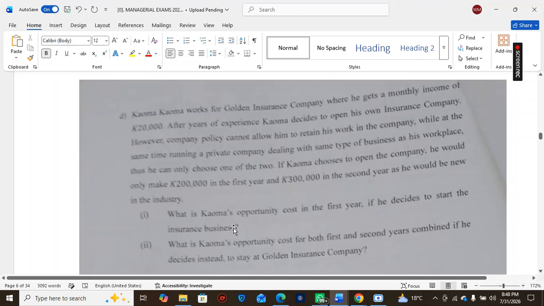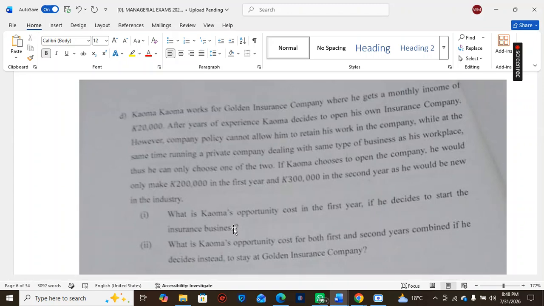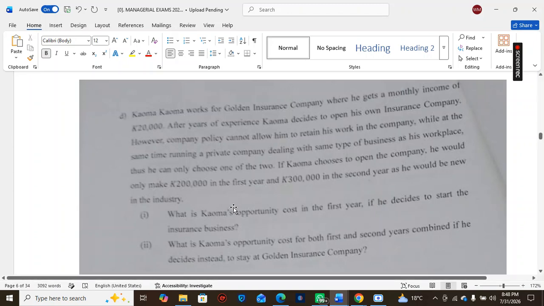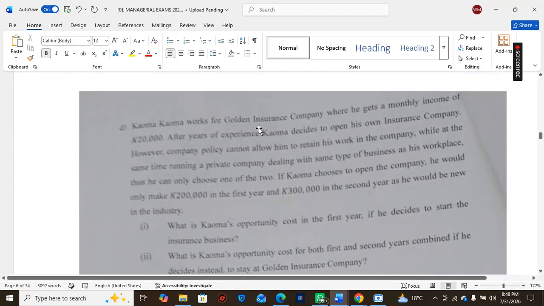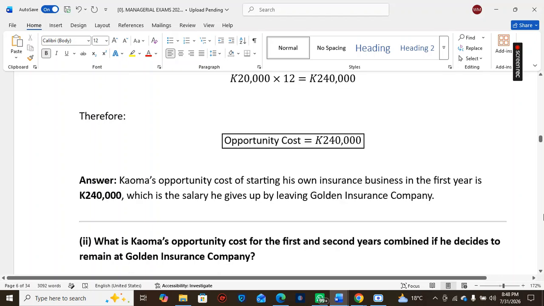If he decides to start the insurance business, what is he giving up? He's giving up his salary, his monthly income of 20,000. So in a year, you're going to say 12 times 20,000, which is 240,000.